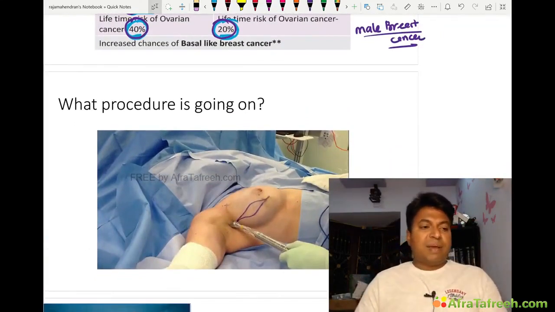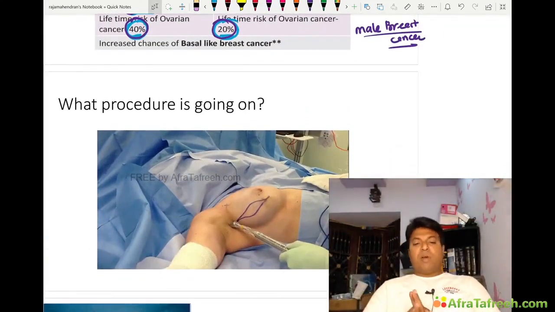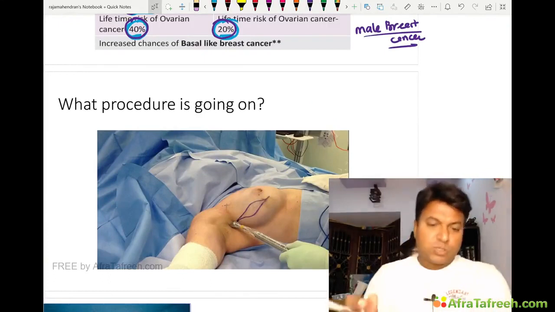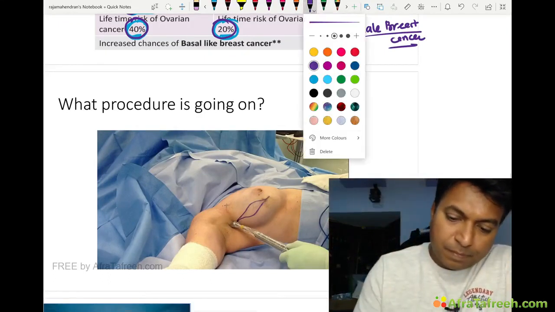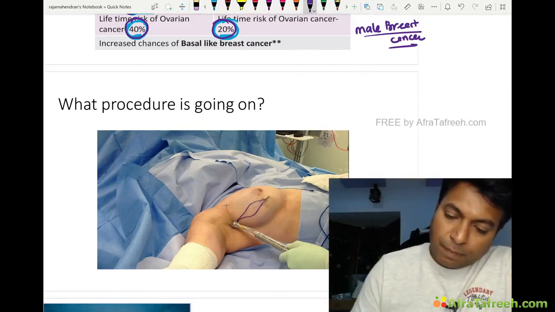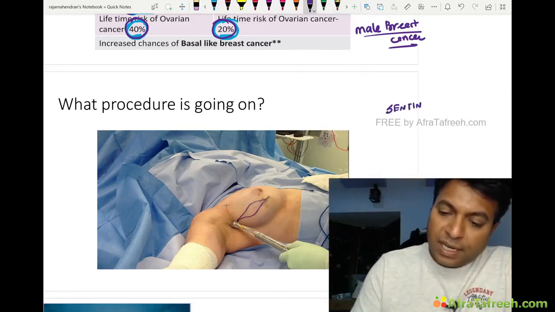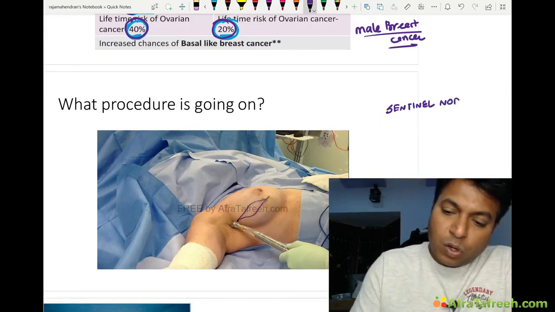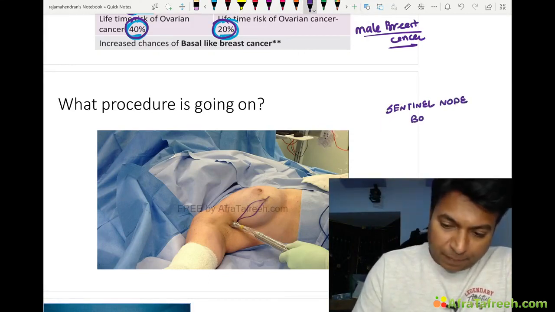So this question came as an image based question in the exam. Can you tell me what procedure is going on here? The same question came in the exam. There is a picture showing you sentinel node biopsy.